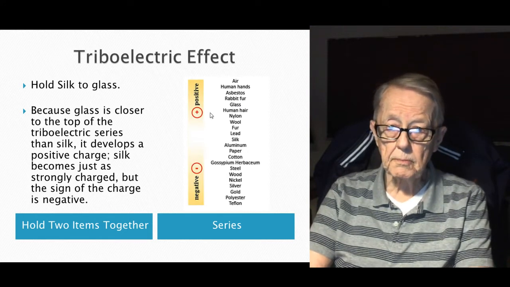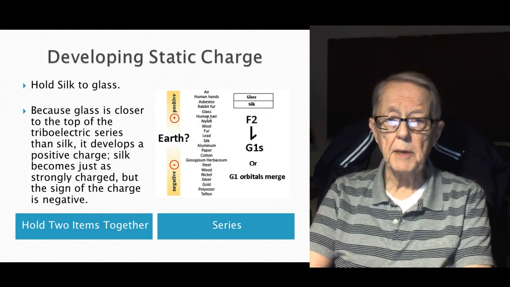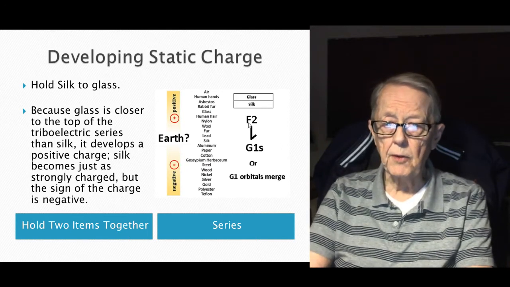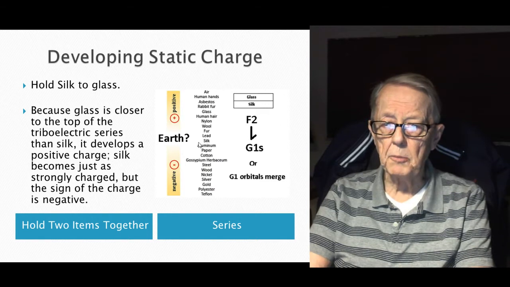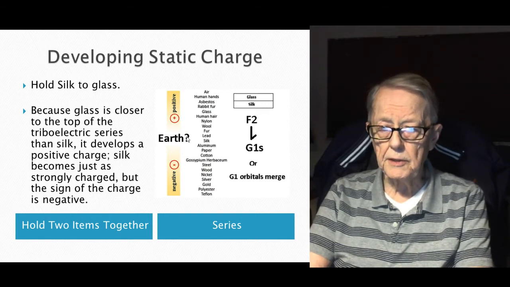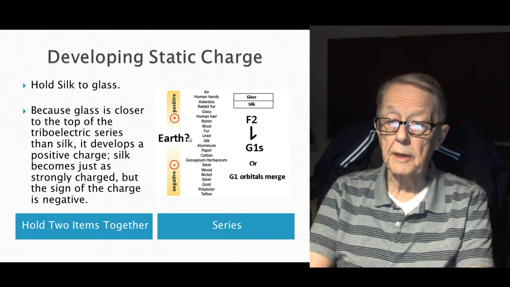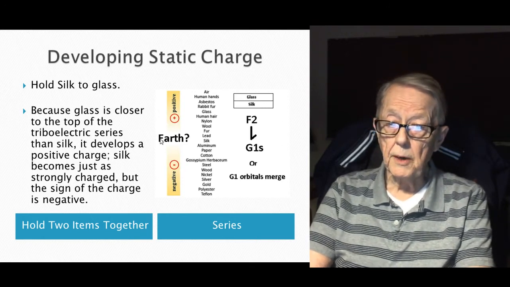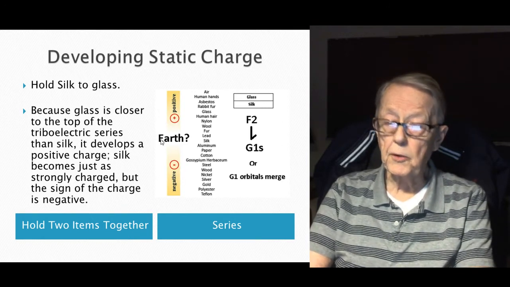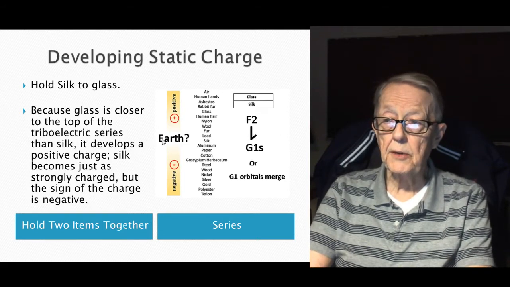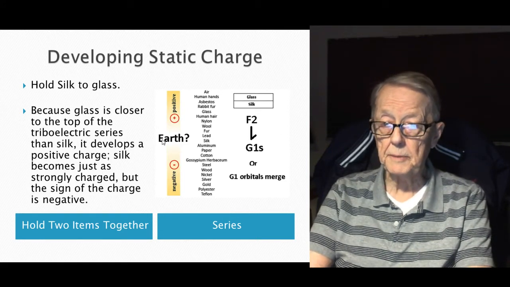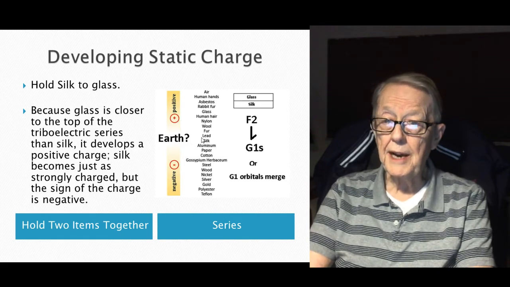Here's the same graph, only I've modified it. There's a couple of things that bother me. The first one is Earth is not listed. I'm going to describe an experiment in a moment where Earth ground is a necessary step, and yet it's not here.